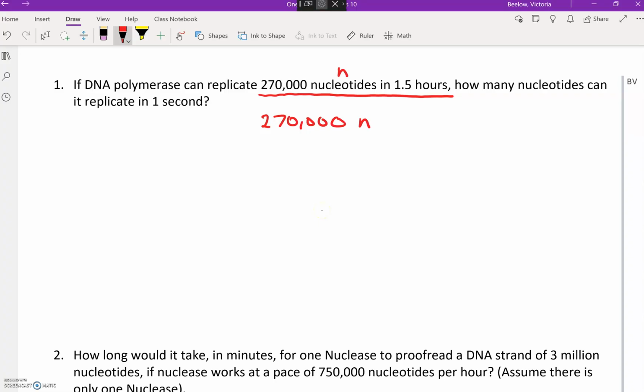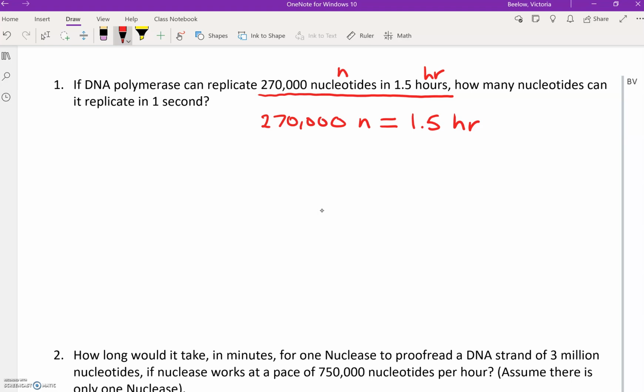We're going to use other units besides minutes, hours, feet, inches. So 270,000 nucleotides can be replicated in 1.5 hours. I'm going to use HR for hours. Because that many nucleotides can be replicated in 1.5 hours, the two are equal to each other.